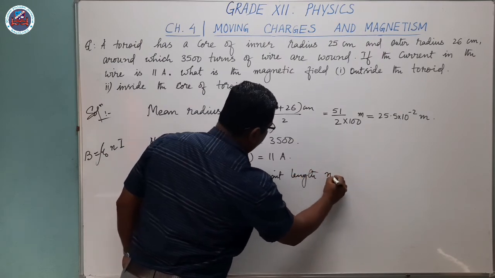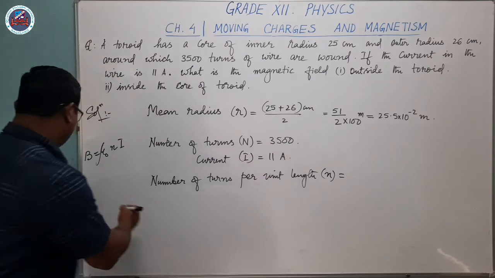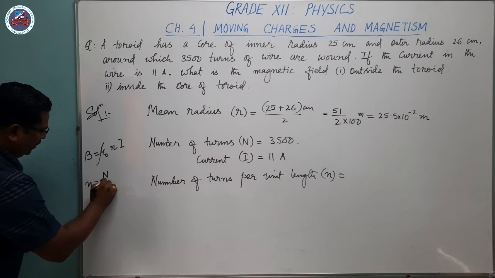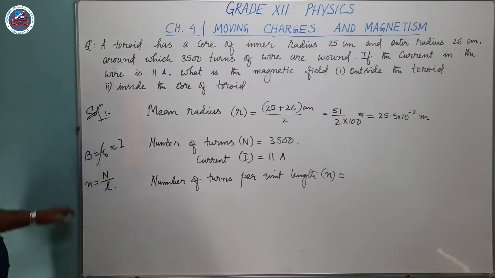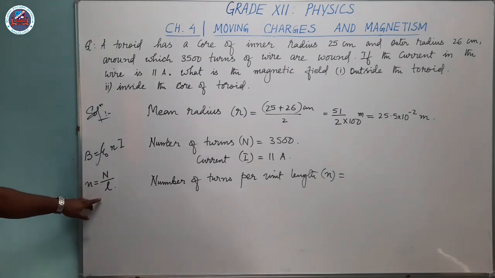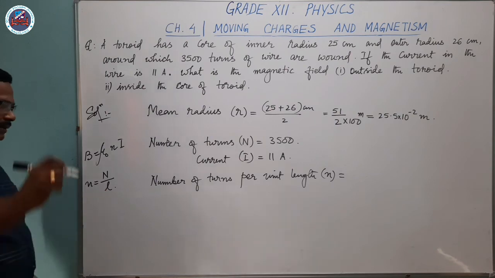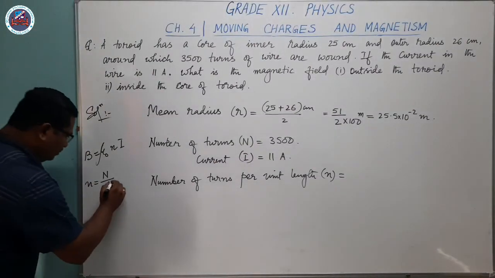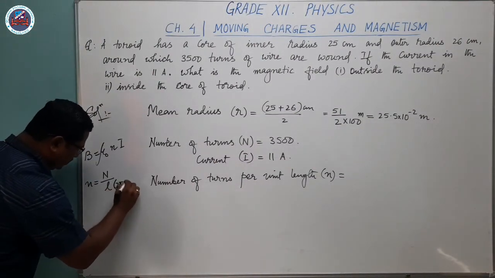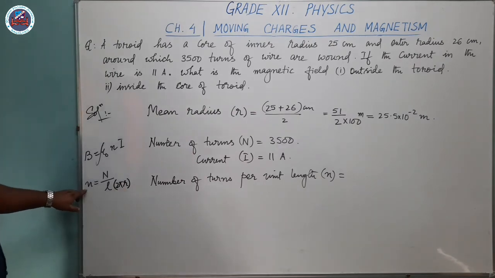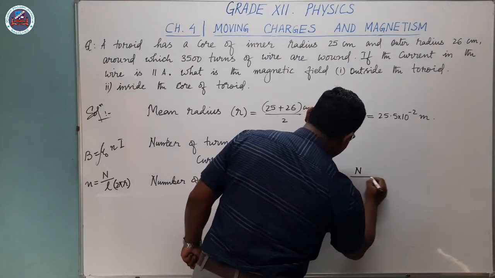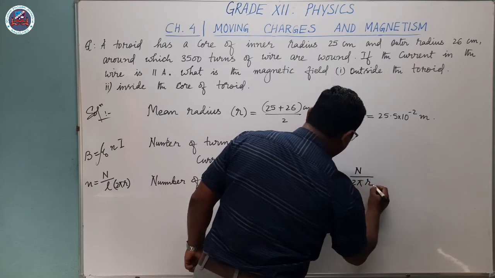We know that the number of turns per unit length, small n, is equal to N divided by L. And here this length L, the Amperian loop, is a circle. So the length L we take as 2 pi r, the circumference of the circle. So n will be the number of turns divided by 2 pi r.